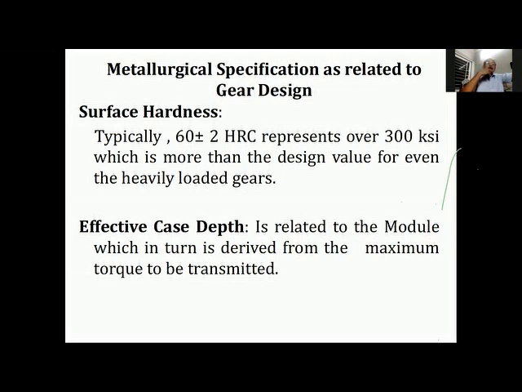In most of the metallurgical areas, it is like that. The specification calls for something else, which can be easily measured on the shop floor as well as in the lab, and that can be correlated to the design requirements. Next is of course effective case depth, which is related to the normal module of the gear, which in turn is derived from the maximum torque to be transmitted. Next slide, please.